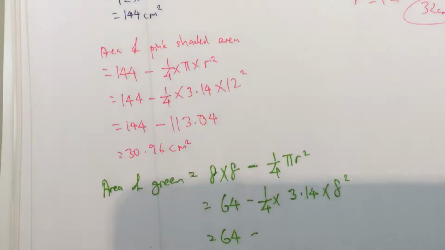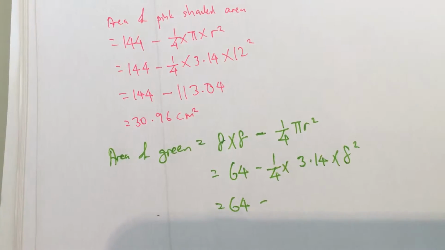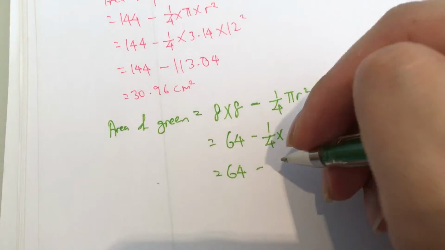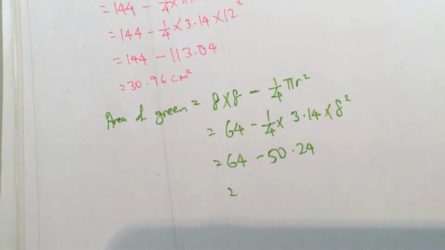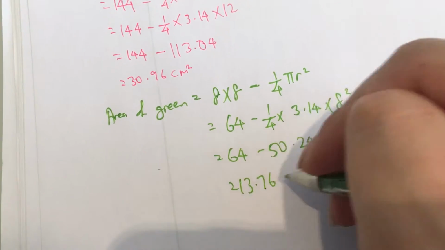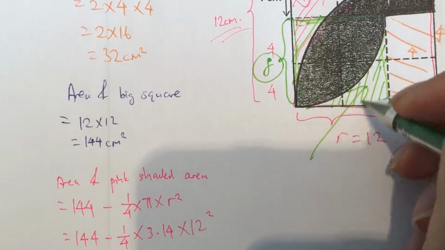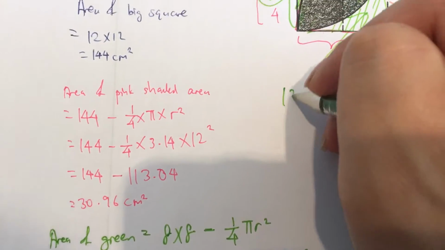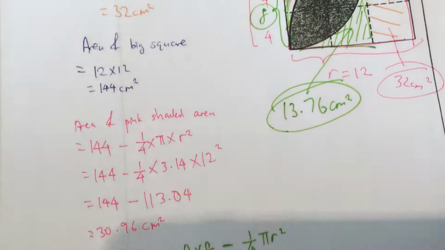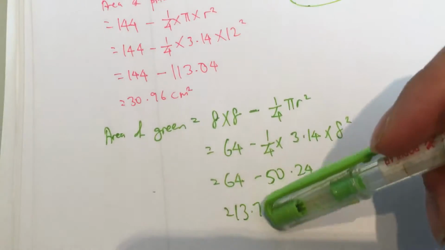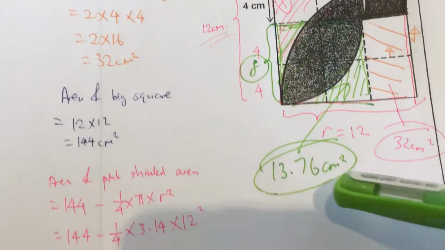On the calculator, 3.14 divided by 4 times 64 is 50.24. So this part is 13.76 cm square.